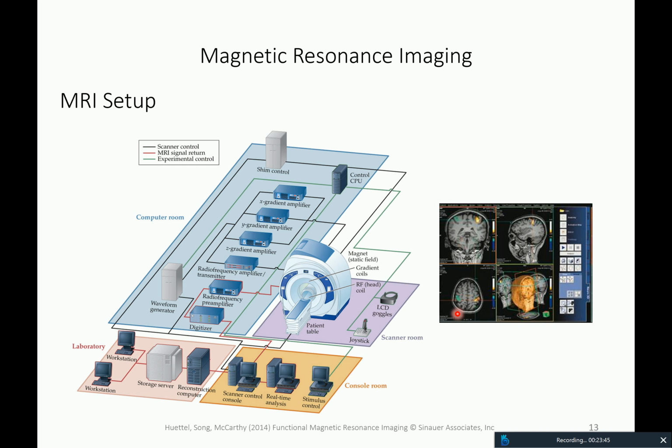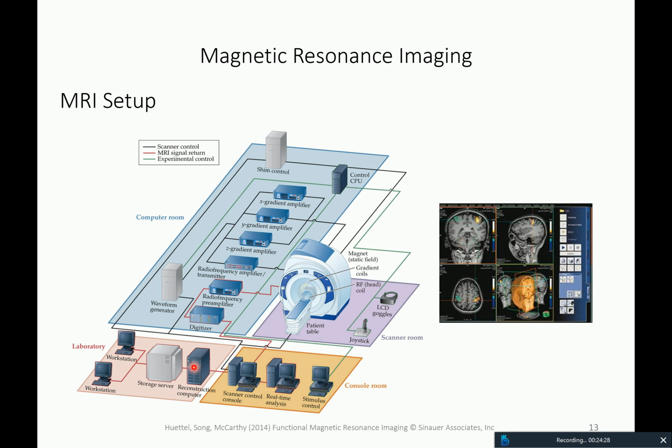In addition, in these kinds of setups, in a cognitive neuroscience context, you of course have stimulus PCs and, for example, certain experimental devices that people in the scanner can use to take part in cognitive tasks, like pressing a button or using a joystick. What is also often present in fMRI setups is a mirror, so that people can see a screen where you project your experiment with a beamer, if it's a visual experiment, or people put on goggles on which you present your experiment.